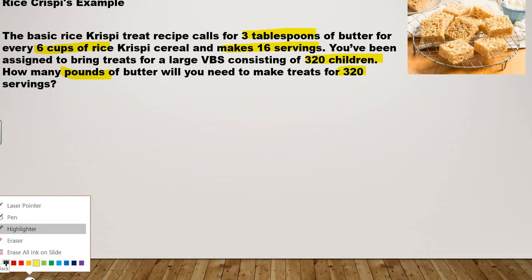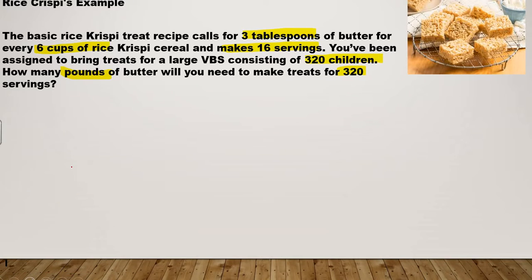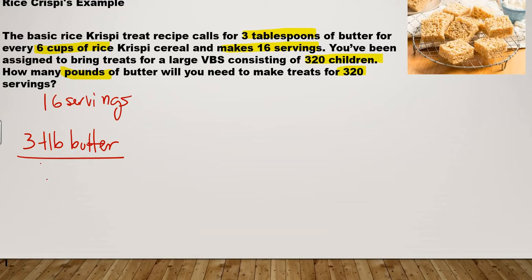So first, you just organize our information, our basic. For 16 servings, my proportion is 3 tablespoons of butter for every 6 cups Rice Krispie.